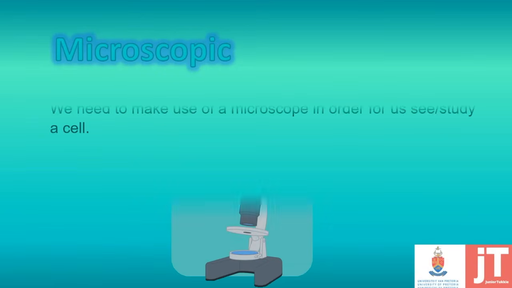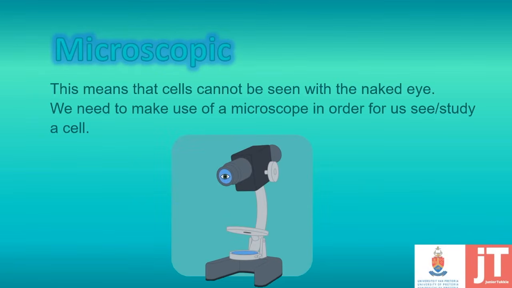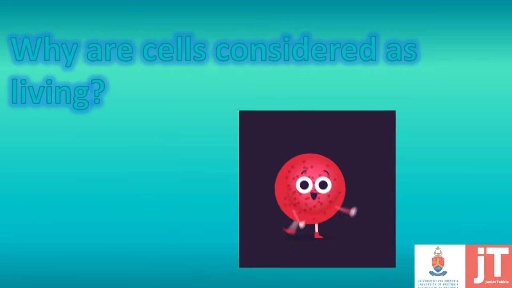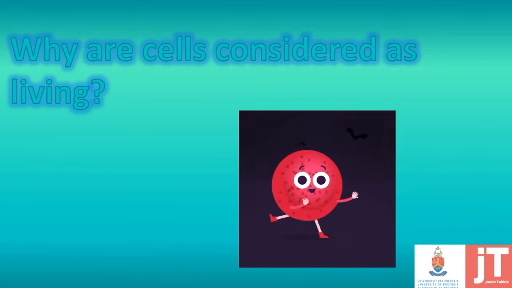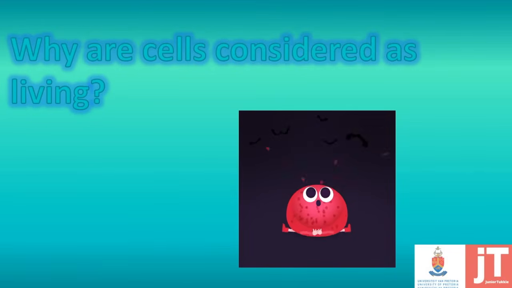So what does it mean to be microscopic? This means that you cannot see the organism or the cell with the naked eye. We unfortunately have to use a microscope to study the function or the movement of these cells or even certain organisms. So why are these cells considered to be living?